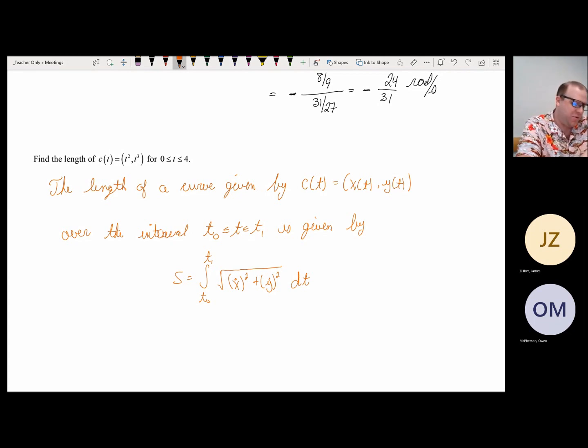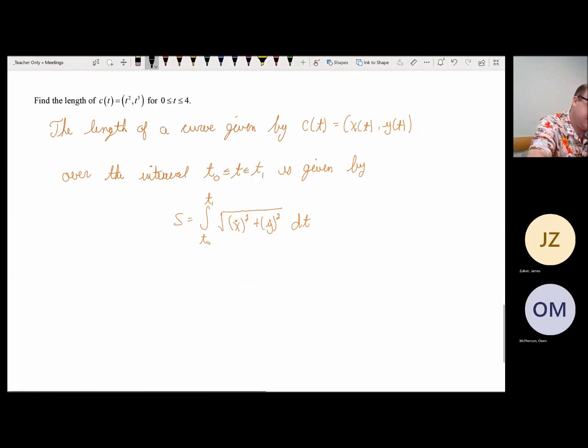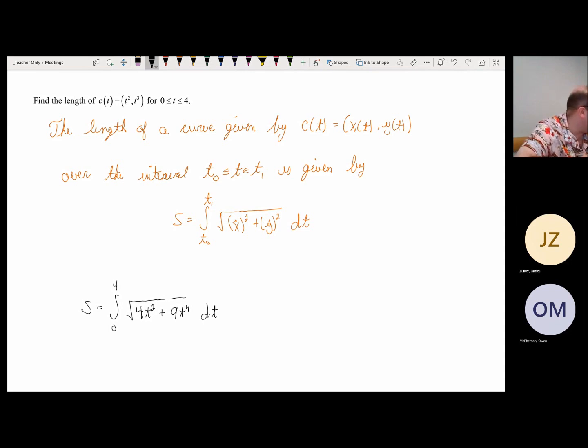And in calculus 3, we're going to write that in an even nicer form. Arc length of our curve would be the integral from 0 to 4 of the square root of 4t squared plus 9t to the 4th dt.